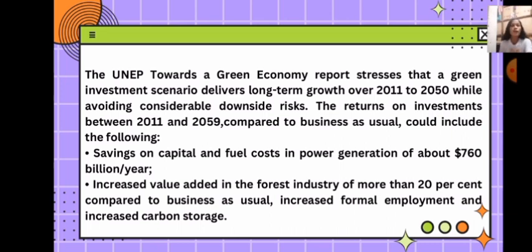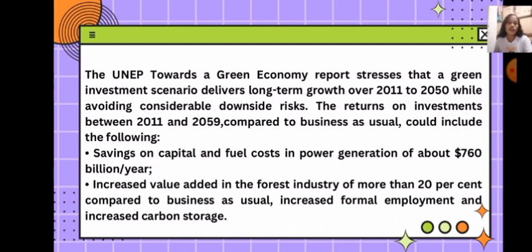So the following are savings on capital and fuel cost in power generation of about $760 billion a year. So this is what should be attained within that duration: the savings will reach 760 billion dollars a year.